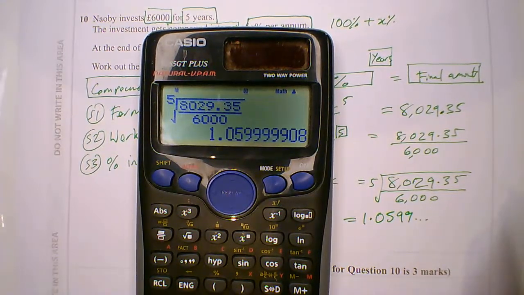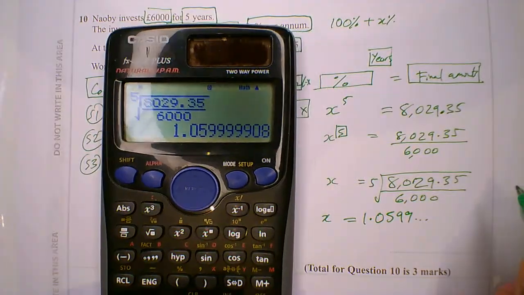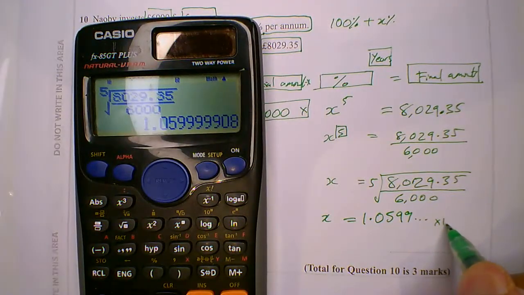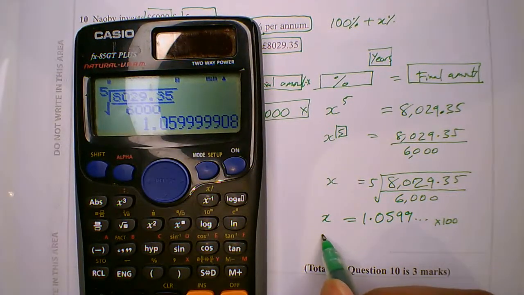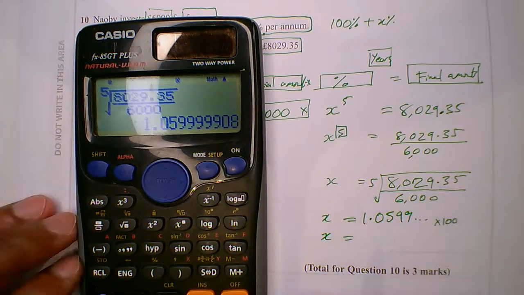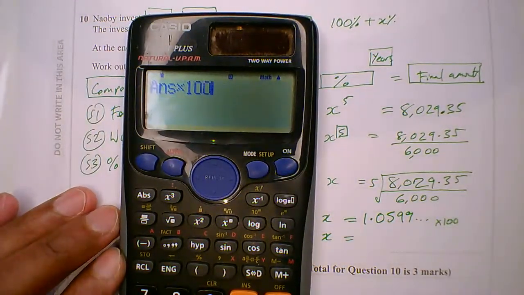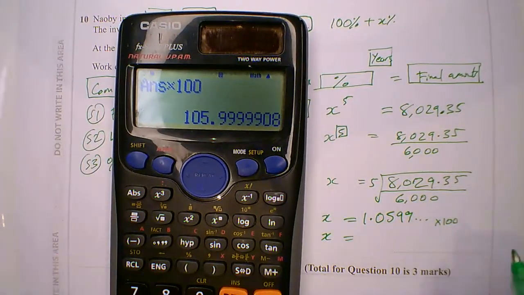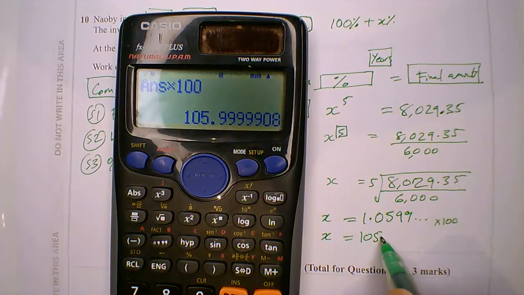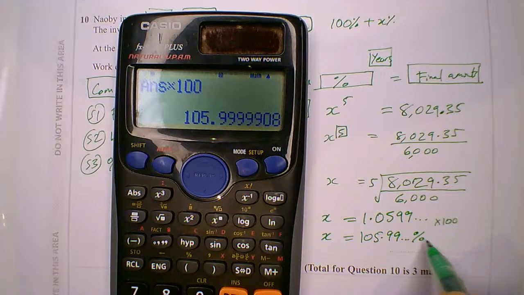Okay, recurring. So how do we change that to a percentage? We can just multiply that by 100. So if I multiply this by 100, that's 105.99 as a percentage.